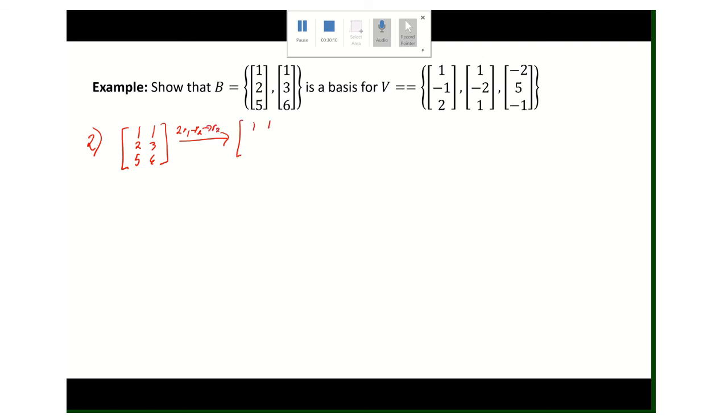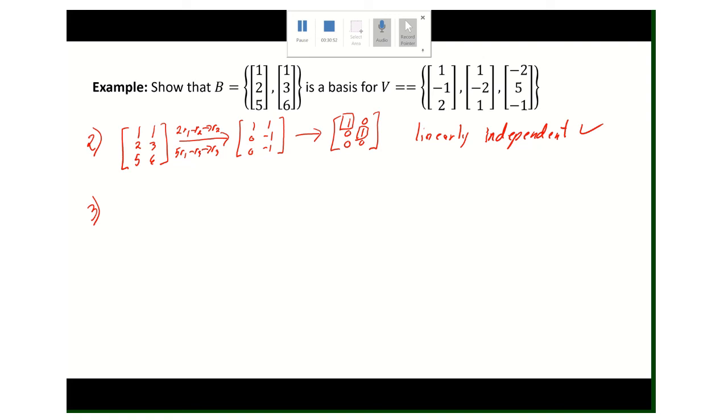I get 1, 1, 0, minus 1, and I'm also going to do 5 row 1 minus row 3 is my new row 3. I get 0, minus 1, and my next step would, you can fill in the blanks here, but in reduced echelon form, I have the rank is equal to the number of columns, so it is linearly independent. So that's done.